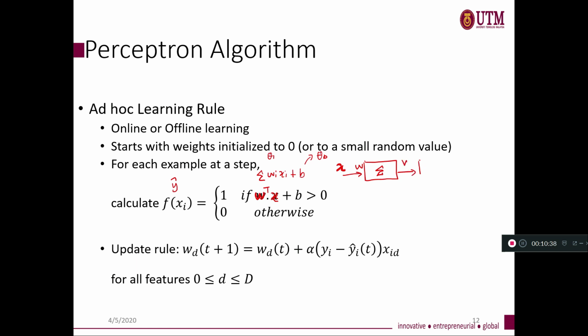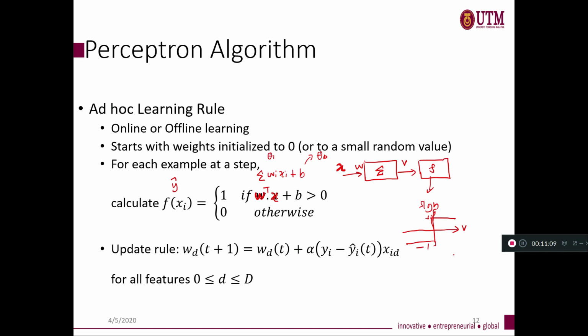Once you get the v, you go into another function f, a non-linear function. At this time you are using a sign function, which should look like this, meaning a positive v will make your y hat positive 1, a negative v makes your y hat negative 1.